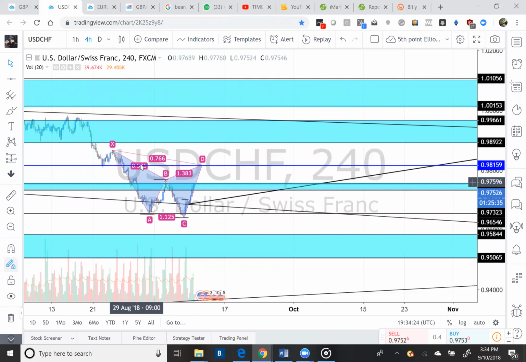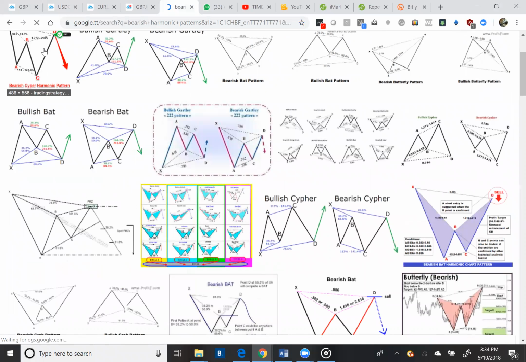Because if you look at it, right, we're looking at X to A, right, and the retracement here, right, A to B, X to B has to range between 38.2 and 61.8, right? If you go here, you'll see that here.